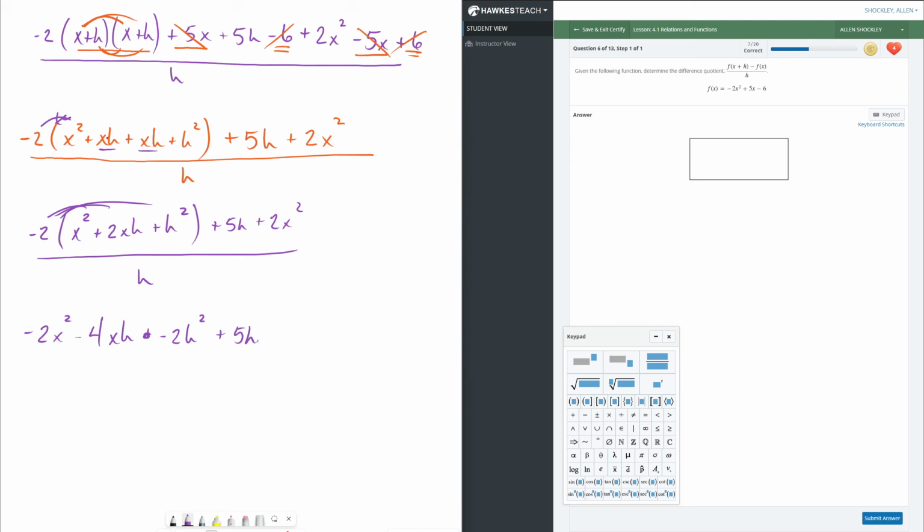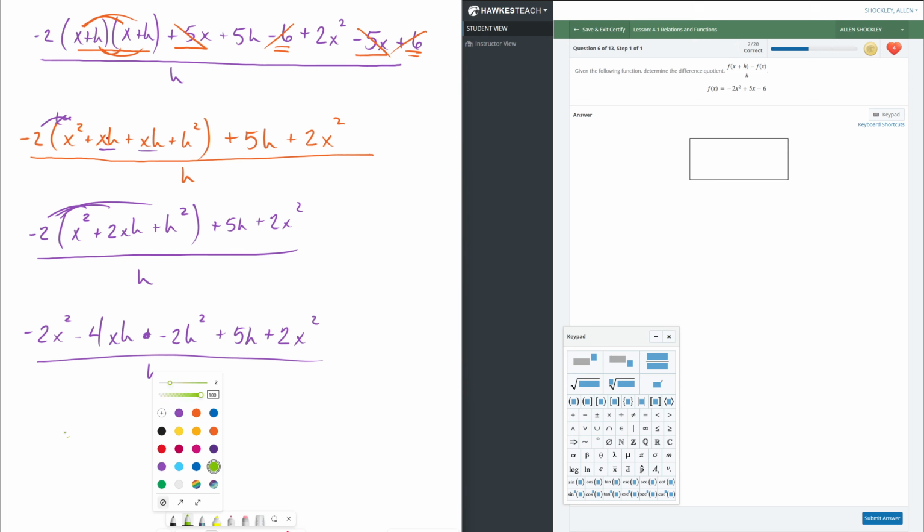Plus 5h plus 2x squared all over h. Again, this is just negative 2 times x squared, so negative 2x squared. Negative 2 times a positive 2xh, so a negative 4xh. Negative 2 times a positive h squared is a negative 2h squared, plus 5h plus 2x squared all over h.